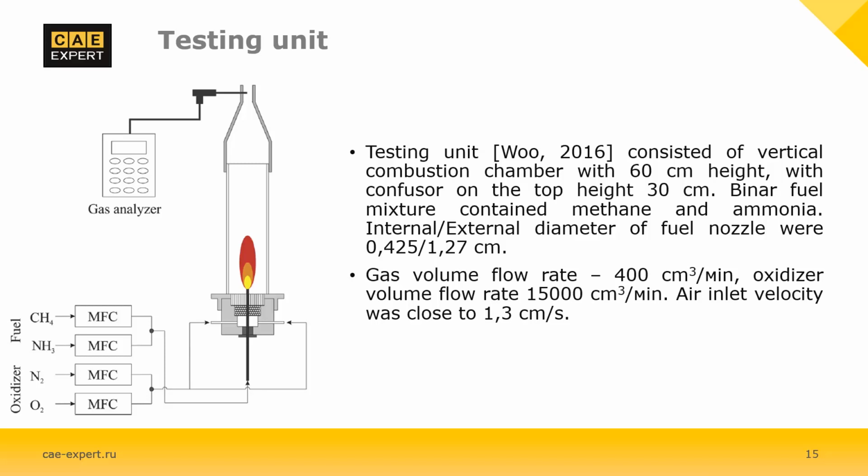The initial velocity of the co-flow oxidizer was 1.3 centimeters per second, and the volume ratio of oxygen in the oxidizer was changing. The coaxial flow was contained in a Pyrex tube with a height of 60 centimeters to block the disturbance from the environment.